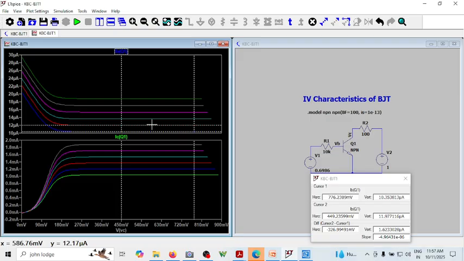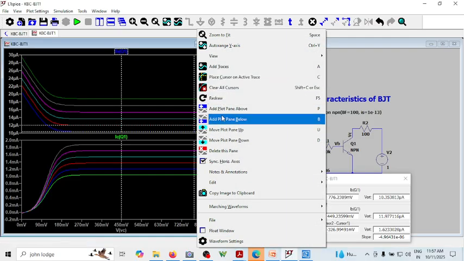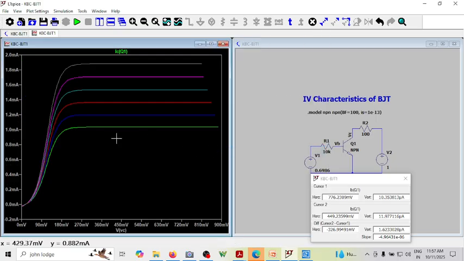When IB increases, your IC will increase. That's why this keeps going like this. So this is the output characteristics of BJT.